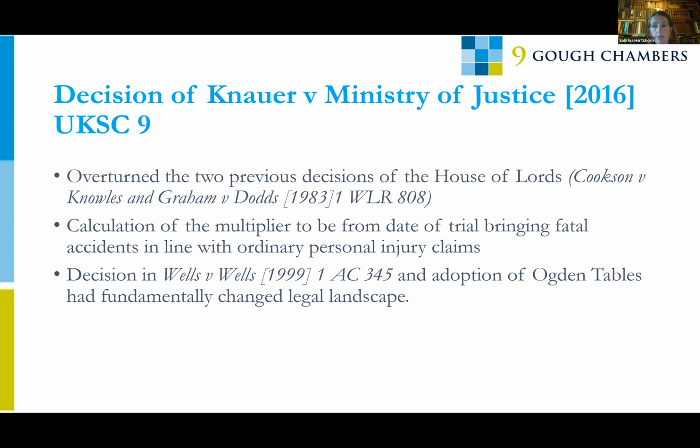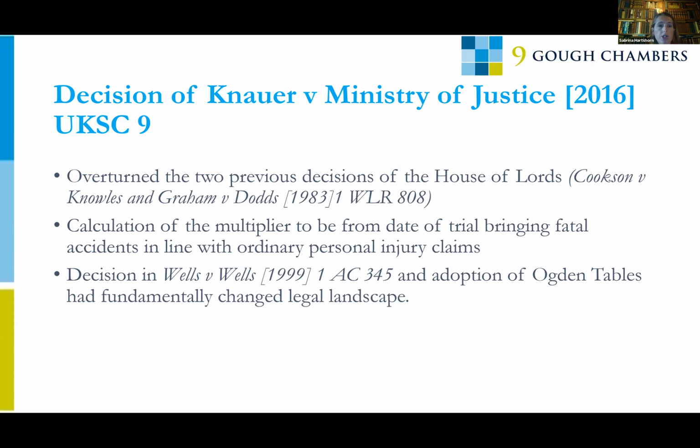And the Ogden tables themselves, because they've become more prevalent and more important, had fundamentally changed the legal landscape. So therefore, they held that multipliers in fatal accidents claims should be done from the date of trial, bringing fatal accidents in line with ordinary personal injury claims.